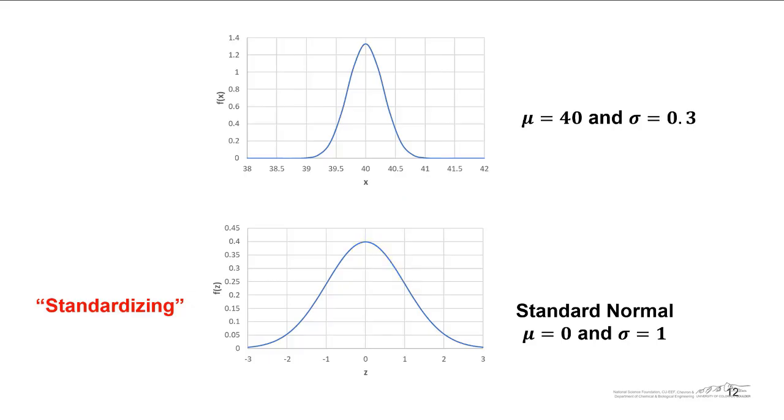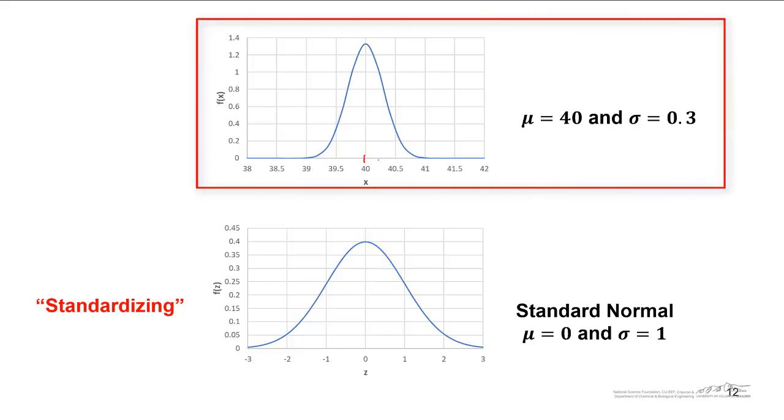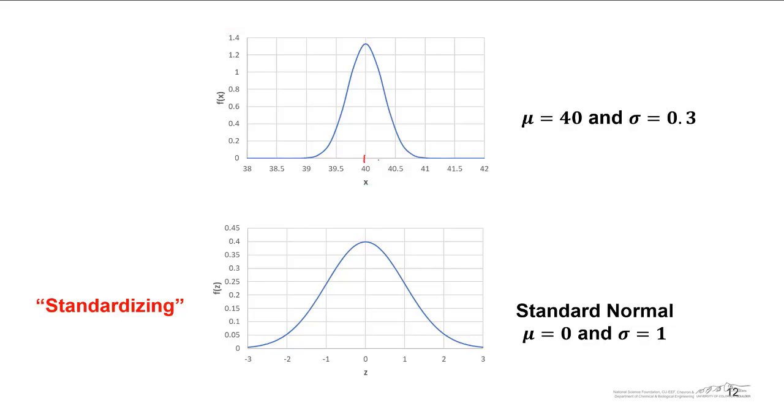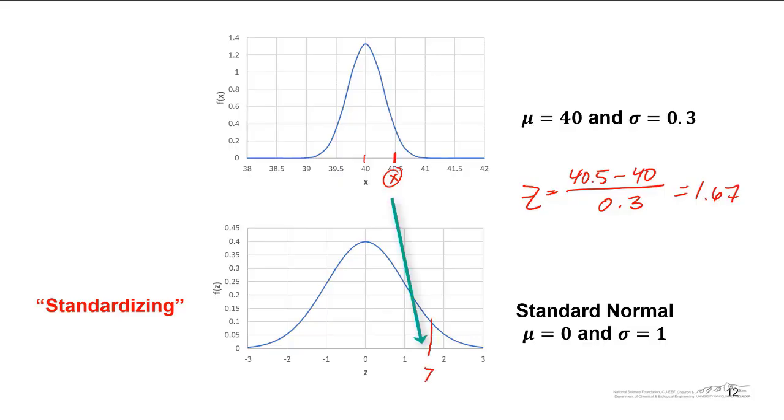In other words, we have a distribution whose mean is 40 and standard deviation is 0.3. If you have a certain value of x, let's say x equals 40.5, standardization tells us where on the standard normal distribution that x corresponds to. When we standardize, we get z equals 40.5 minus 40 divided by 0.3, which is 1.67. That tells us this x value corresponds to a z value of 1.67.